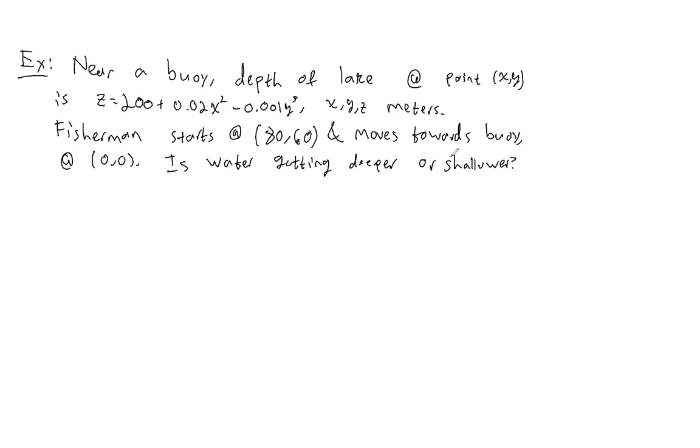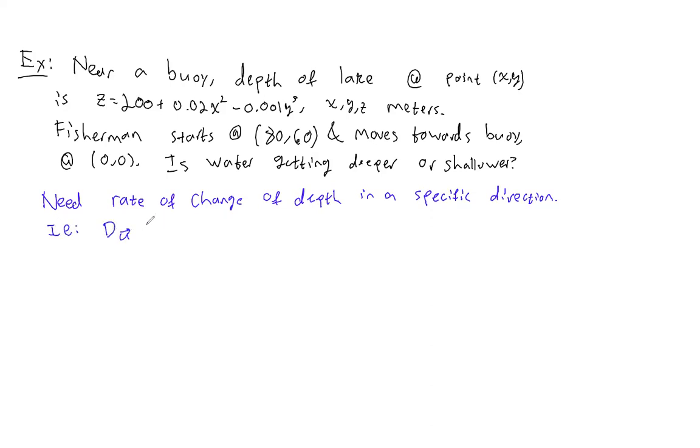So we're given a direction and we want to know how much the depth is changing, which means we're going to need the rate of change of the depth in a specific direction. That means you're going to need the directional derivative, D_u f, at the point 80, 60.